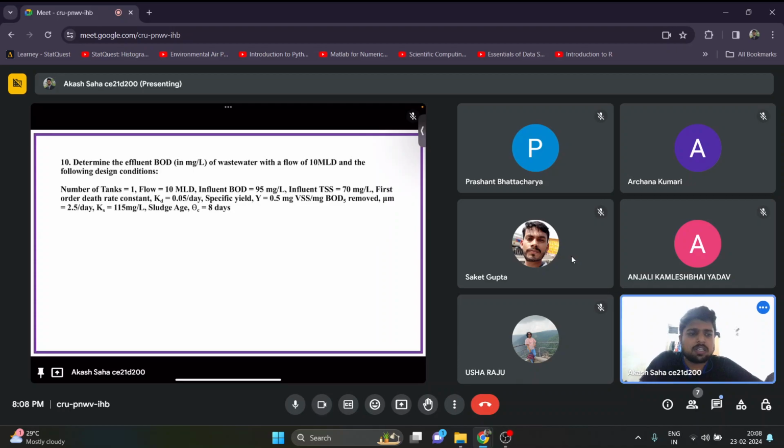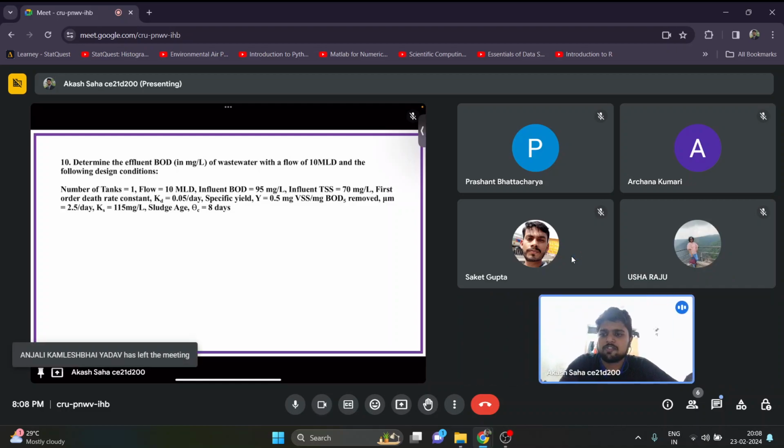Now next question, it's a direct numerical. We have to determine the effluent BOD of wastewater with a flow of 10 MLD and the following design conditions. Number of tanks is 1, flow is 10, influent BOD S naught is 95, no influent TSS. Suspended solids is 70.